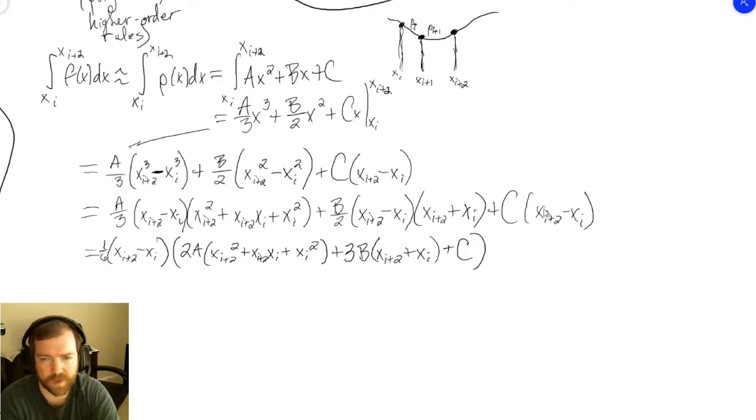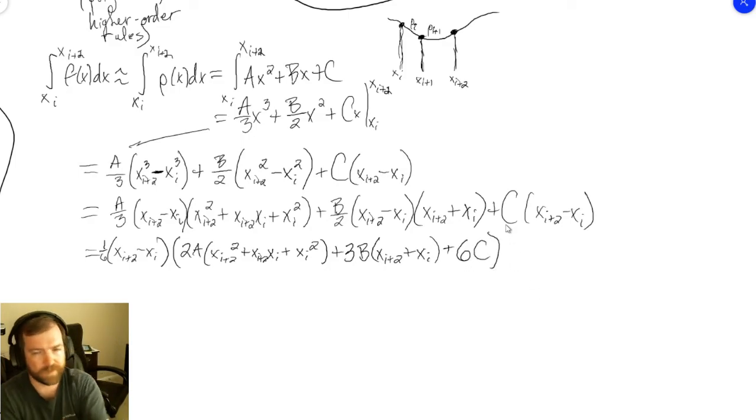The x sub i plus 2 minus x sub i is gone from there. Oh, right, and we got 6 of them, because we factored out a 1/6, so there only being an over 1 there, that's going to take that up.